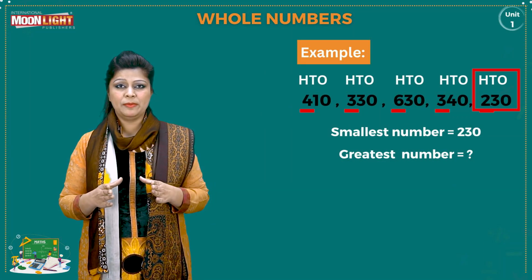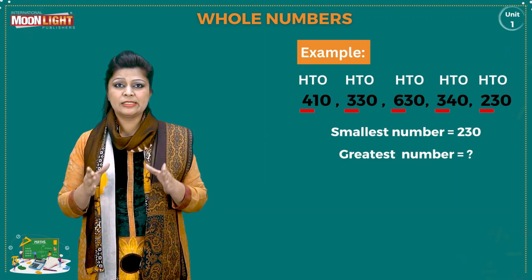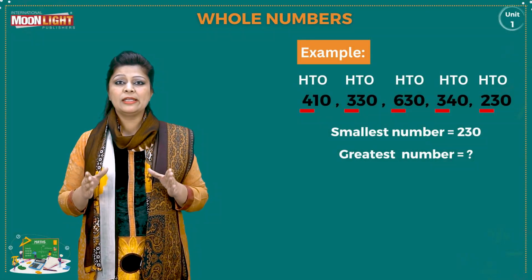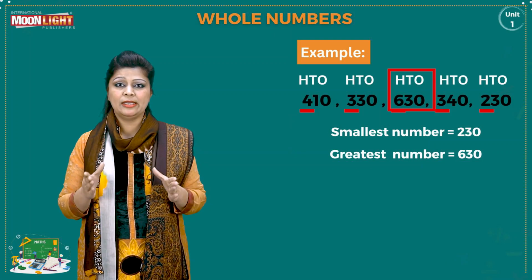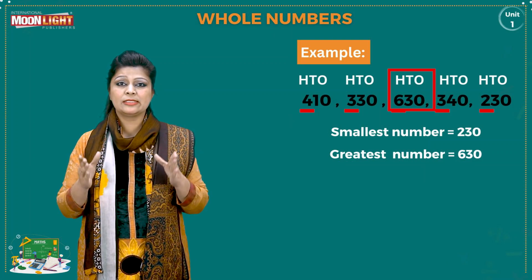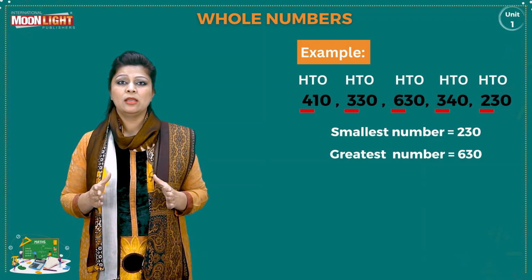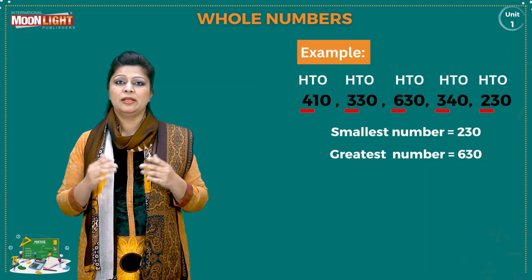Now again, by comparing the hundreds digits, we got the greatest 100s digit as 6. So that is why the greatest number is 630.